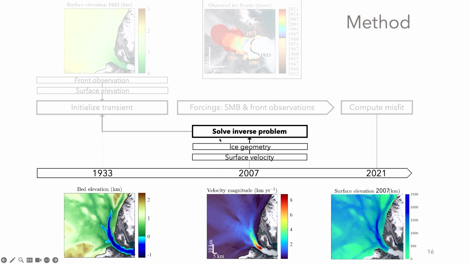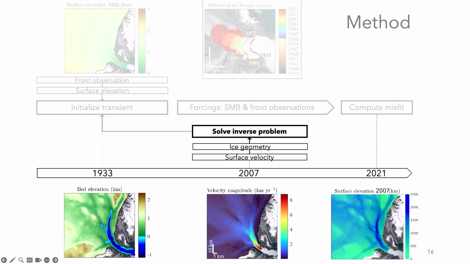In order to do that, I solved the inverse problem for present-day data, because for present-day we have surface velocities. You can see down here is a velocity magnitude map of Kangerlussuaq Glacier, and you can see it goes from almost zero, and within 50 kilometers, it increases to around 10,000 meters per year. So it's quite a huge change in the magnitude scale.